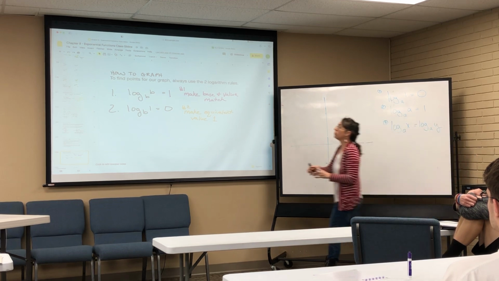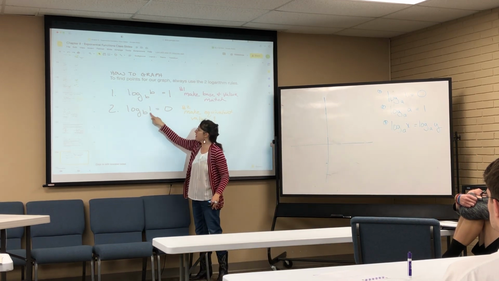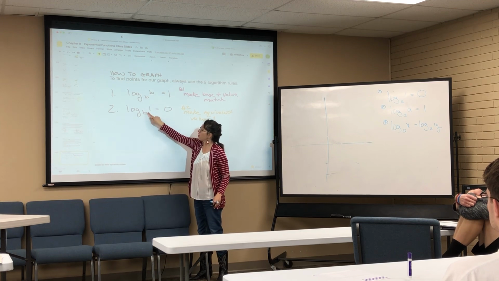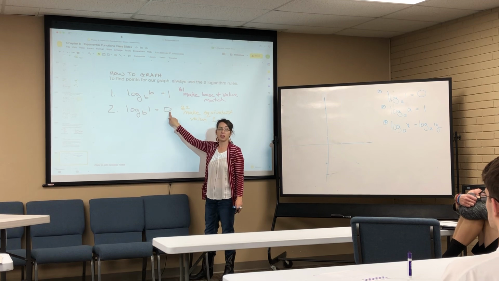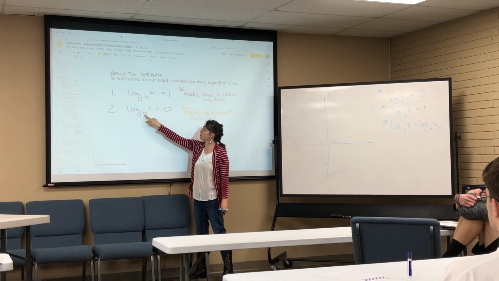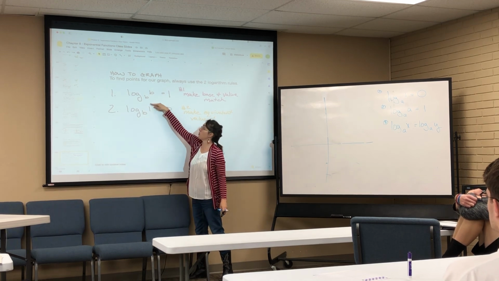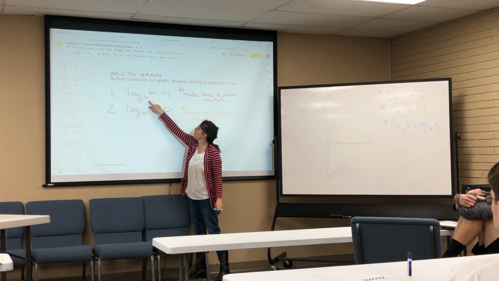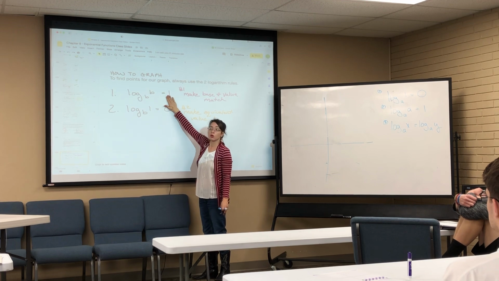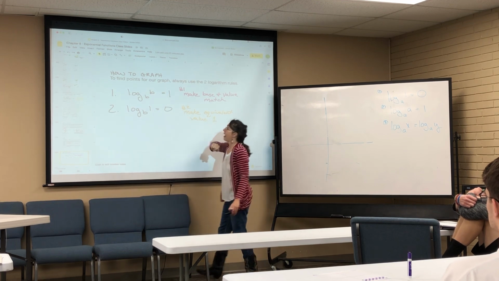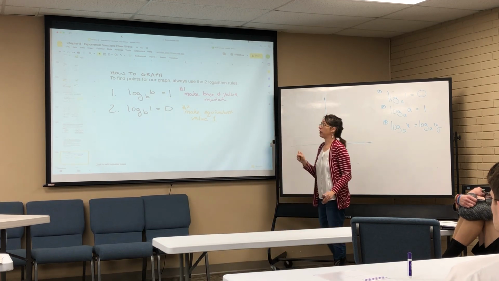We also know that to get an equivalent value of 1, we have to raise this base to a 0. Remember, because what we're really doing is b raised to the 0 equals 1. And this is b raised to the 1 equals b. So we get to use these 2 equations and find our points.